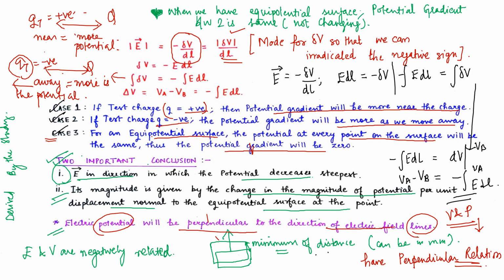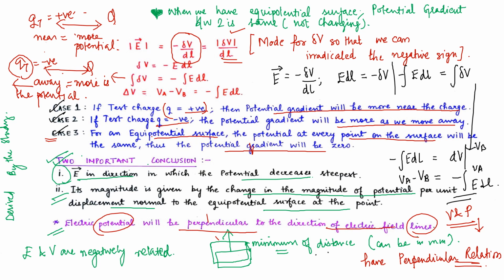Here dV is the potential difference between equipotential surface A and equipotential surface B, given by the negative of the product of the electric field and the distance between the two equipotential surfaces.